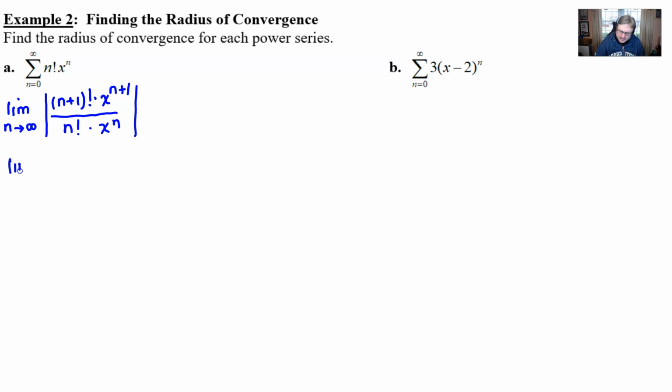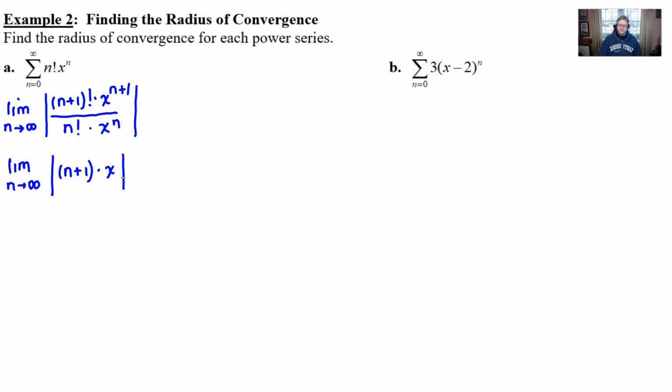So the limit is still waiting out in front, hoping to do its thing. We do our normal simplification that we've seen before. (n+1) factorial over n factorial is an n+1 in the numerator. And x to the n+1 divided by x to the n is x to the first in the numerator.